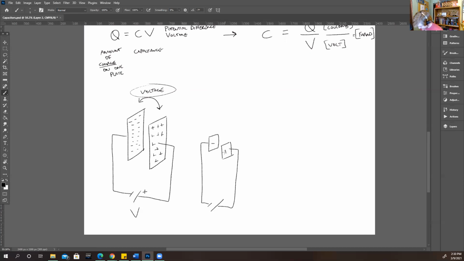So that could only hold so much, even with the same battery on both of them.